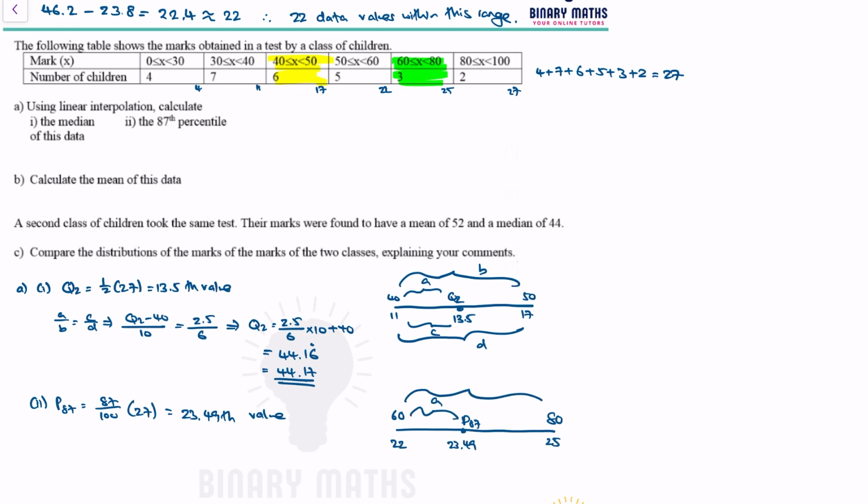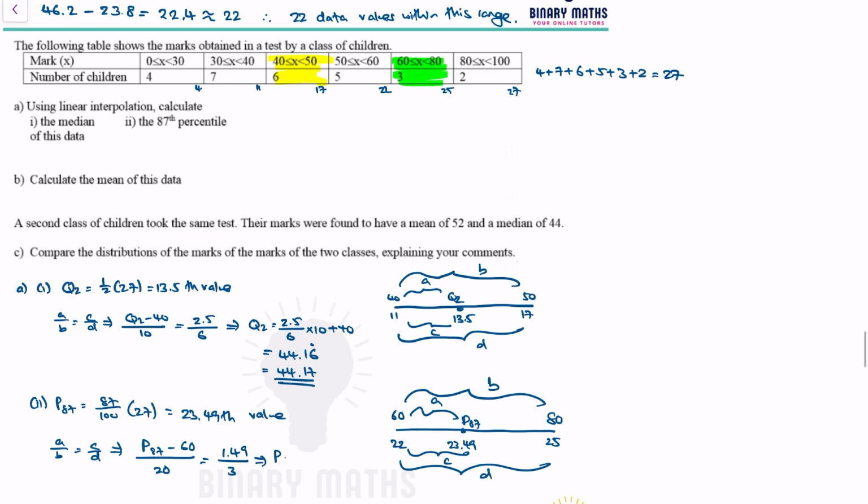So A over B is equal to C over D, which implies P87 take away 60 over 80 take away 60, which is 20, is equal to 23.49 take away 22, which is 1.49, over 25 take away 22, which is 3.